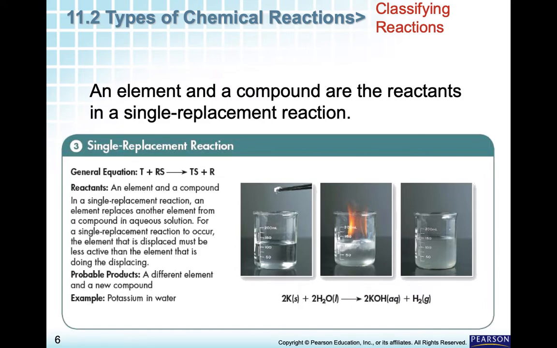So when we have a single replacement, we have one compound and one element, and that element will replace the same type of element in the compound. So if that element is a metal, metals form cations, it will replace the cation. If it is a nonmetal, nonmetals form anions, and it will replace the anion in the compound.